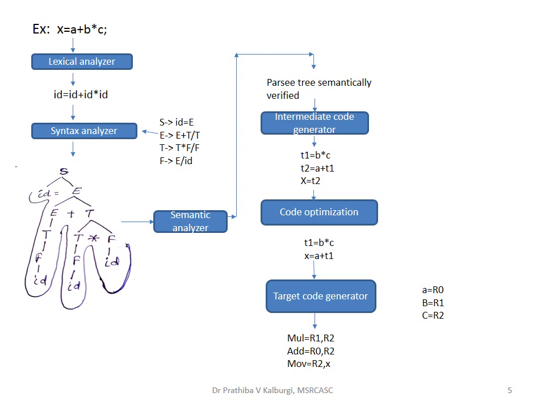Now why exactly do we have to convert into the intermediate code? If we can convert it into the intermediate code, then that particular intermediate code can be converted into the machine language using the last two phases, that is your code optimization as well as the target code generator.